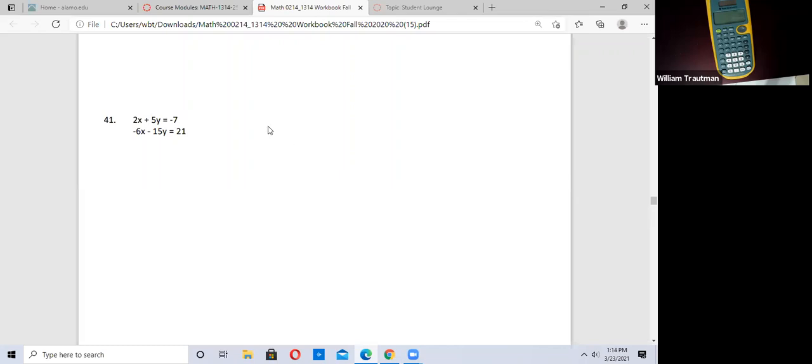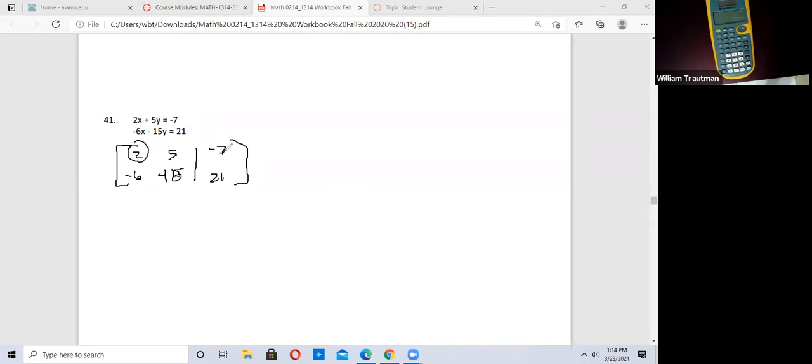Okay, and don't forget, our matrix form looks like this: 2, 5, -7, -6, -15, and 21. I need to turn this first number into a 1.